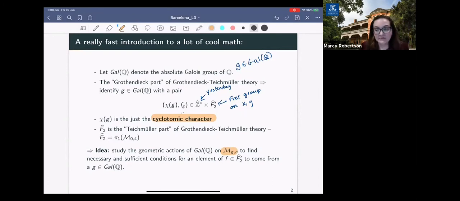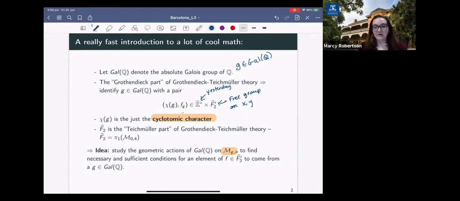And this approach is somewhat successful. It's yielded some necessary conditions, and nobody really knows about sufficient conditions, as far as I'm aware. I'm not a complete expert in arithmetic geometry, so if someone wants to jump in and correct me on this part, it's fine. So that's my really fast introduction to where we're going.